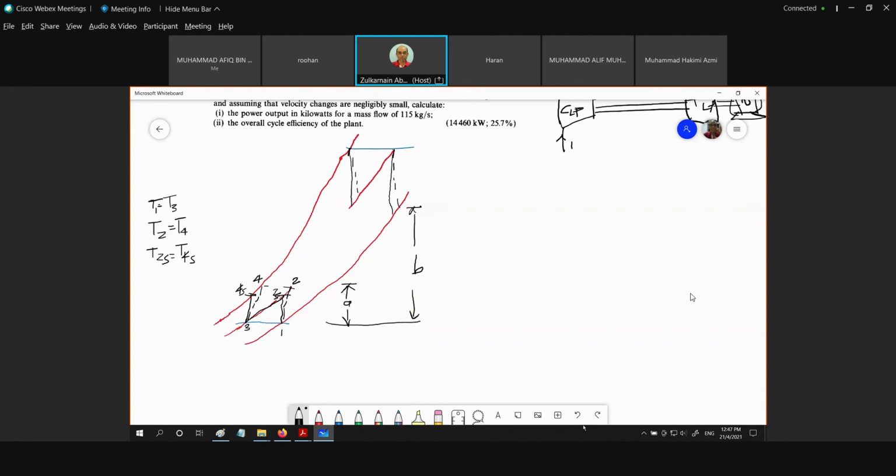Okay, if I put here 5, I may put right here, this is 10. About the same level, okay? So, to complete this plant, reheat, combustion chamber number 2. So this is 6s, 6, sorry. This is our 7s, 7.